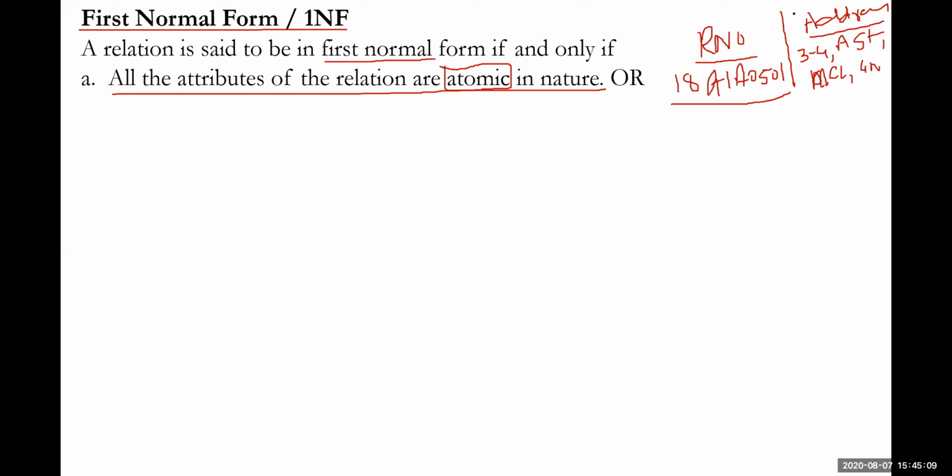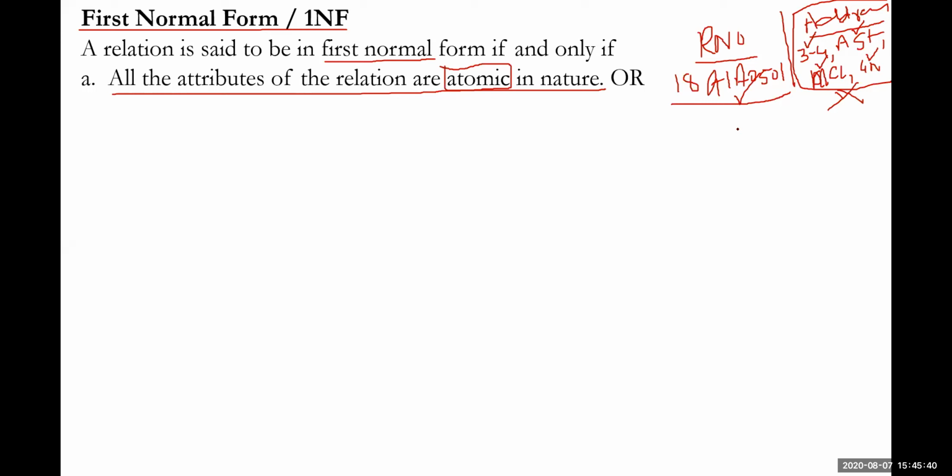If you consider this attribute, you can divide it into many pieces: door number, street name, town, district, state, and pin code. Atomic in nature means it must always have only a scalar value, only one value for that variable. So this is not atomic in nature, and this will be atomic in nature.